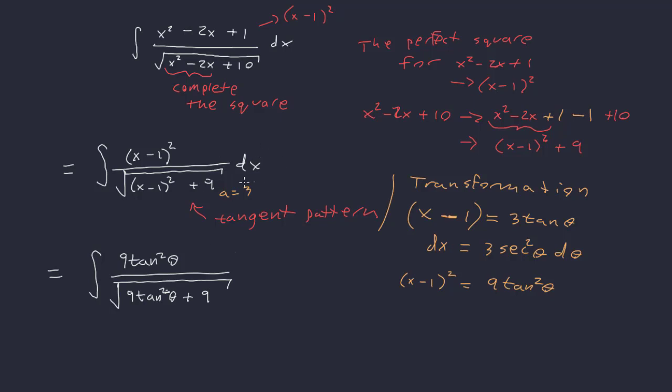Then our dx becomes 3 secant squared theta d theta. Okay. Then, like always, at this point, we do a Pythagorean identity.